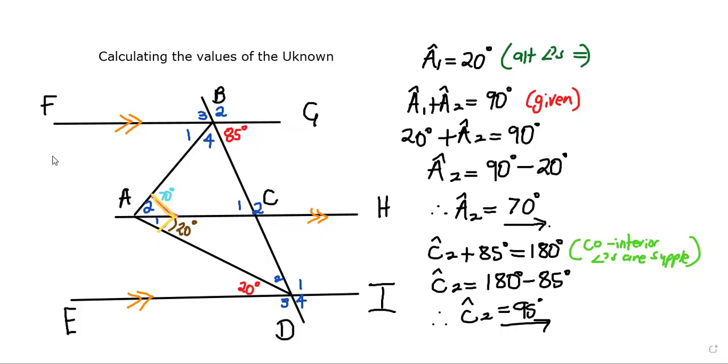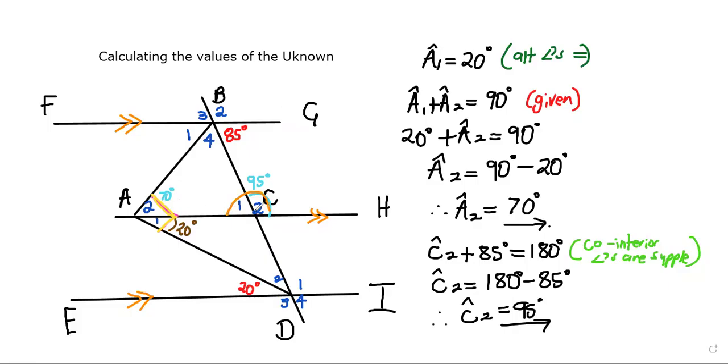So you can go there, where there is C2, and write that this angle right here is going to be 95 degrees. And after that, we can now calculate the angle C1 because we know that adjacent angles on a straight line add up to 180.